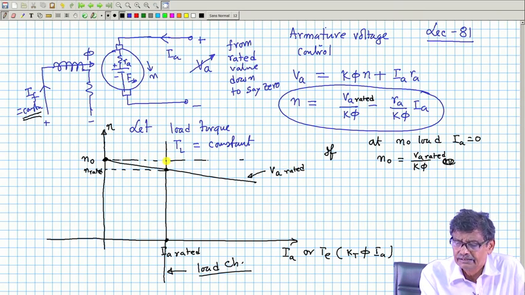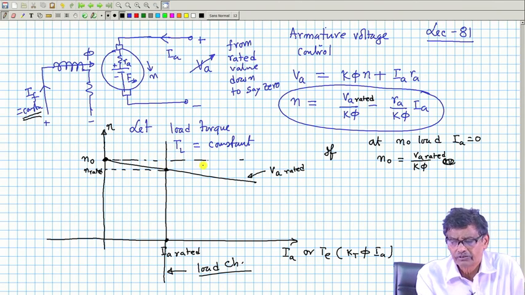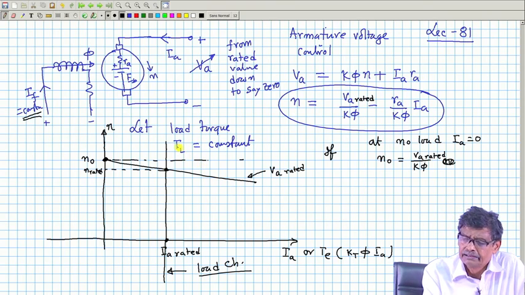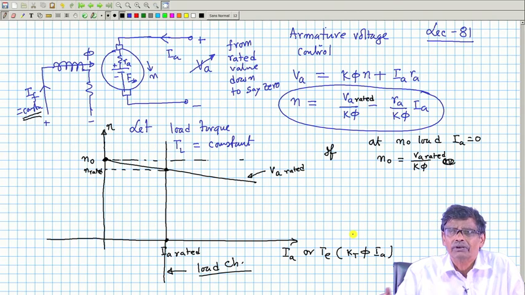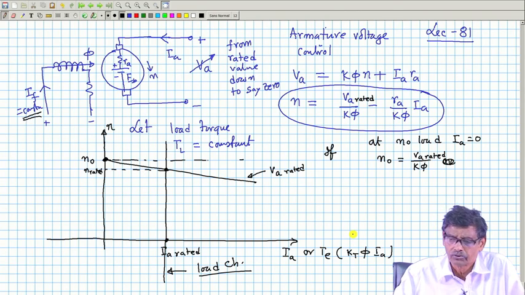So, there is a speed regulation. This is not speed control, and this is load torque. The operating point will be here, very close to the no load speed, slightly less than that. Maybe speed regulation is within 5% or so with respect to the no load speed.